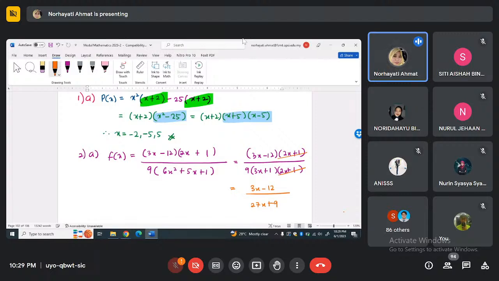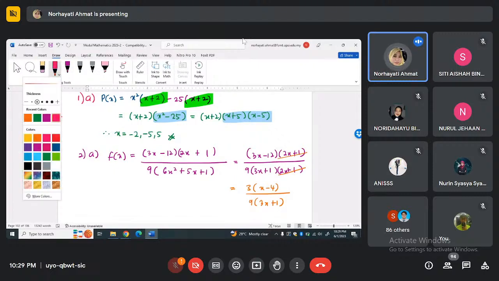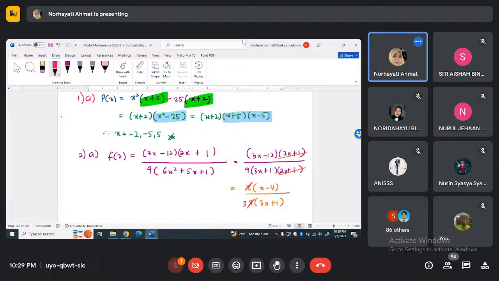Macam boleh factor lagi lah. Sorry. Boleh. Ni kita keluarkan 3 kan? 3x minus 4 and then 9, 3x plus 1. So, this give us 1 and 3.